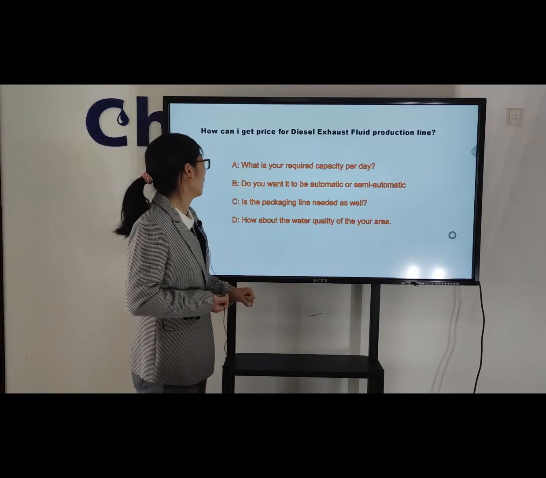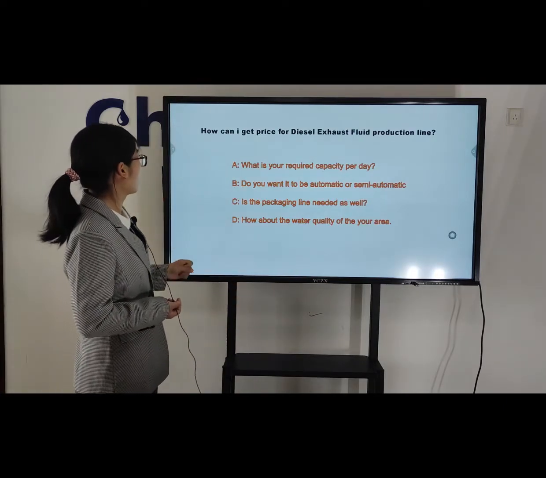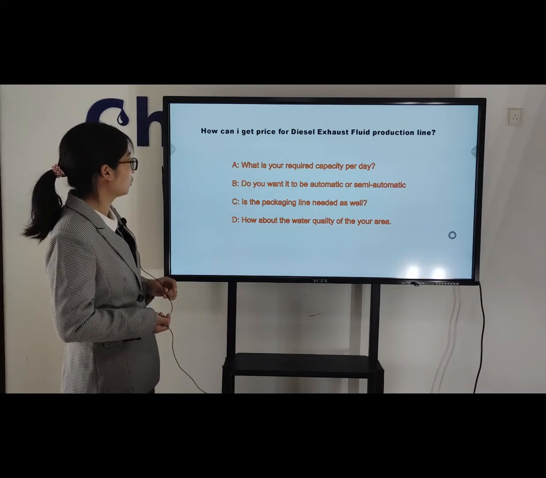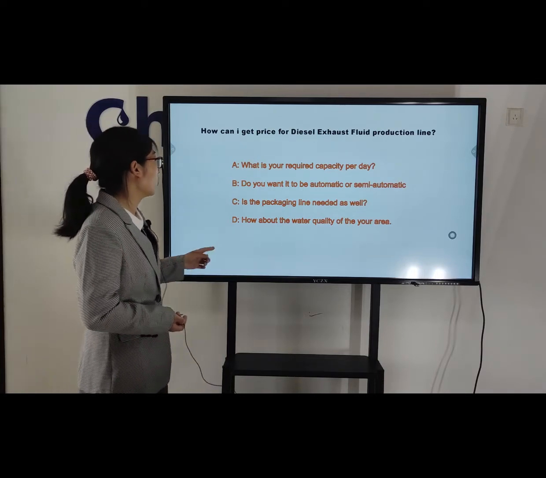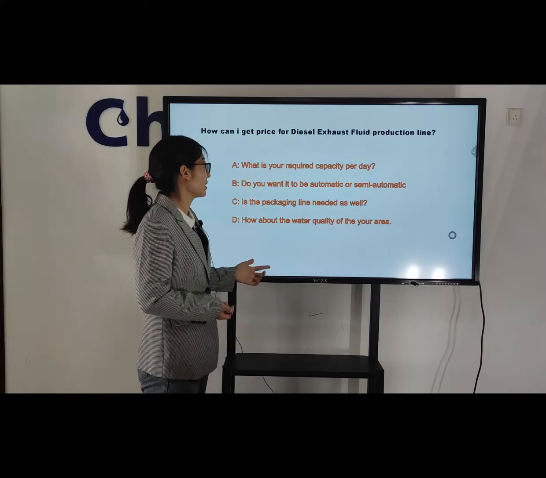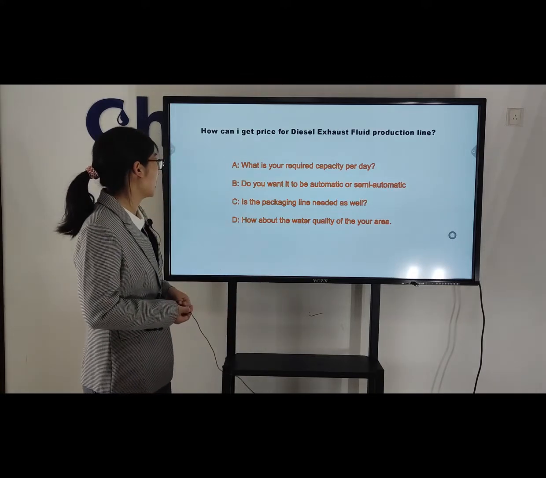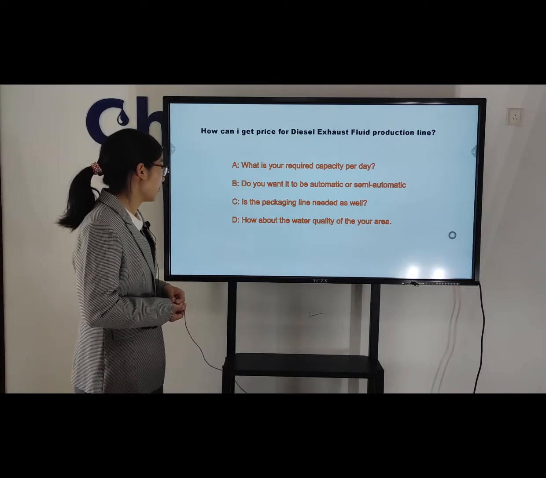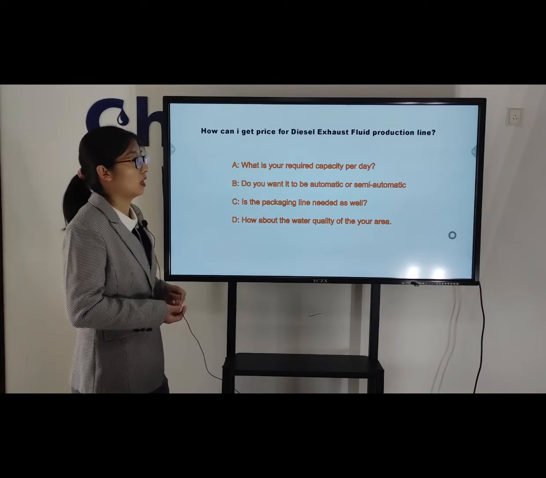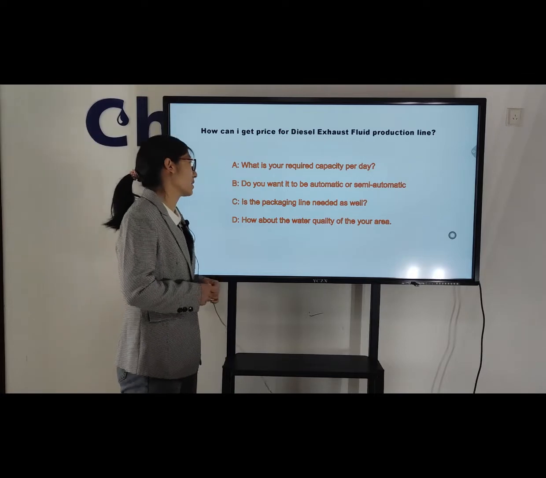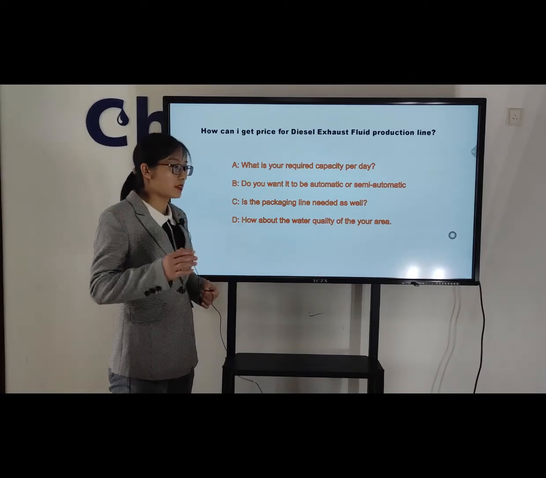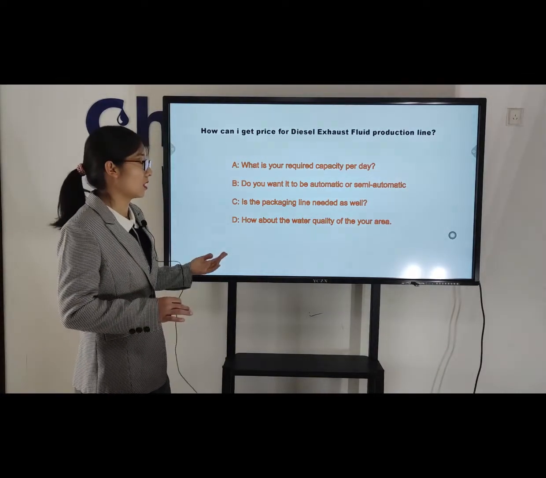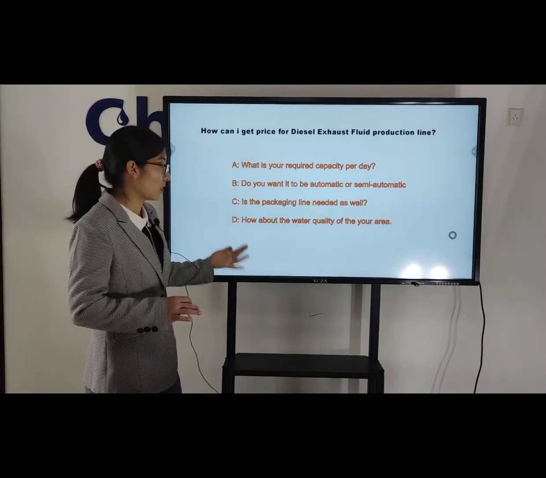And how can I get a price for a diesel exhaust fluid production line? First is about what your required capacity per day is, as I just mentioned. The second is about whether you want it to be automatic or semi-automatic. The third is that some clients might not need the packaging line because they can package the urea solution themselves.